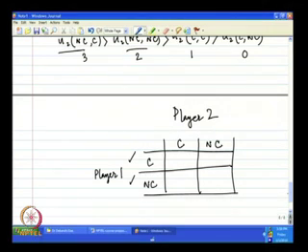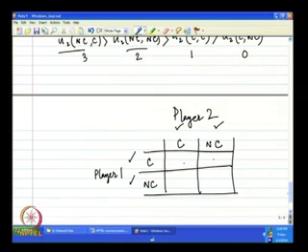Similarly, player 2 can choose either of these 2 actions, but here they are columns, not rows. Given this, there are 4 cells, and each cell represents an action profile. For example, the first cell represents the action profile CC. This top right cell represents the action profile CNC, that is, the first player is choosing confess, the second player is choosing not confess, etc.